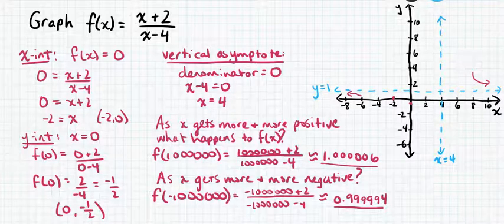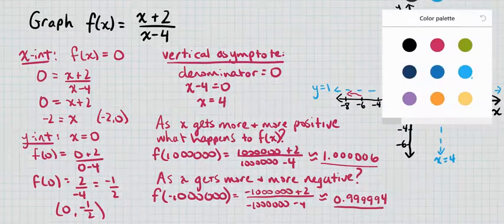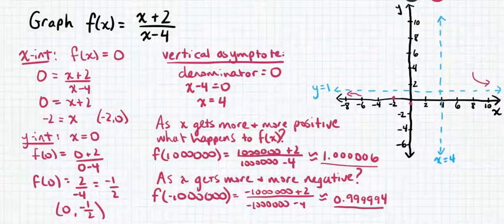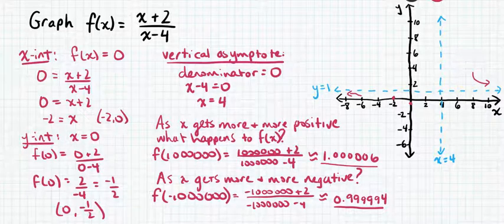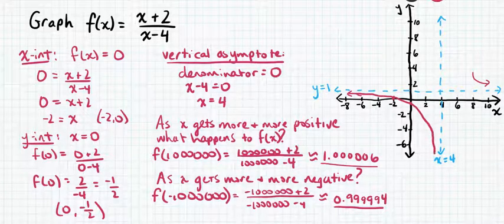And then we can use the arrows that we just drew in and the x and y intercepts that we already have to sketch in what we think the rest of our graph looks like. So in this corner here, our graph is going to approach that asymptote of y equals 1 on the far extreme left. It's going to go through the x-intercept and the y-intercept, and it's also going to approach this asymptote, the vertical asymptote of x equals 4.